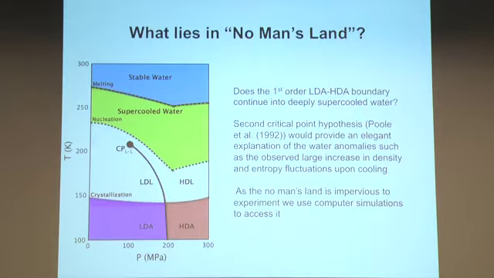That kind of idea was actually put forward by Gene Stanley and collaborators in the early 90s. And so one will have here this low-density liquid and this high-density liquid, and this has been put forward based on computer simulation, because experiment cannot access this region.